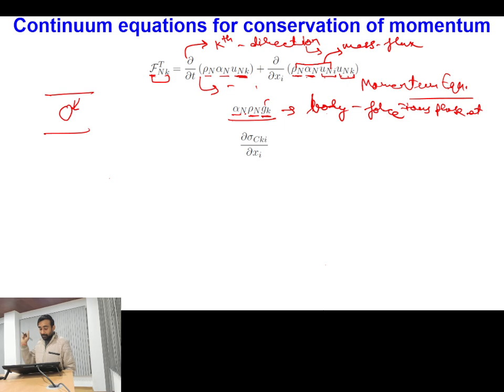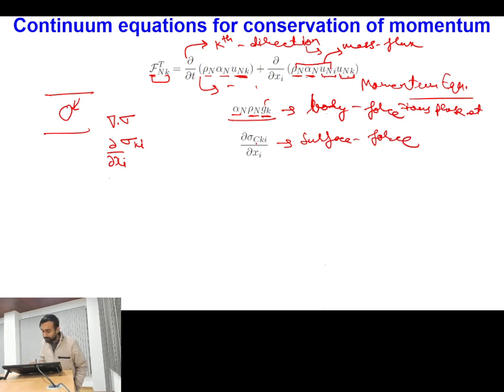Then when I consider the surface forces, as I told you earlier, this del of sigma, or I can say del by del x_i of sigma_ki. When considering the surface force, because of the assumption I just told you, the surface force at the boundary of the control volume will only come from the continuous phase.